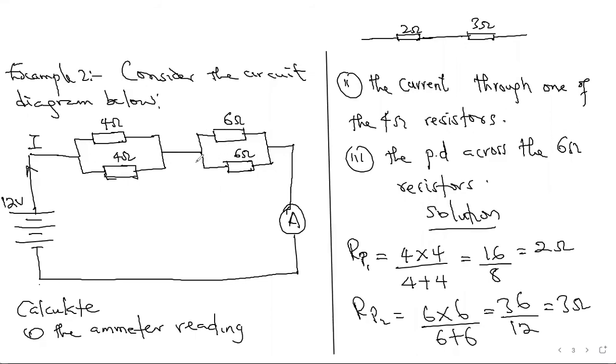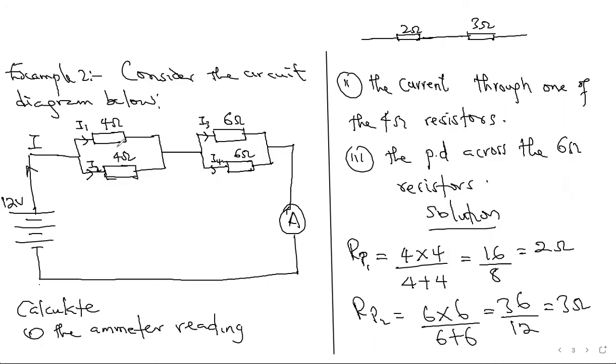If I call the current through one 4 ohm resistor I1, the other I2, the ones through the 6 ohm resistors I3 and I4, then I1 will be equal to I2 because the resistors are the same.